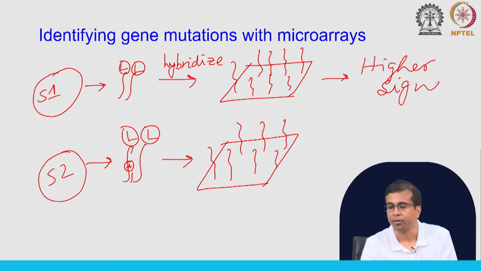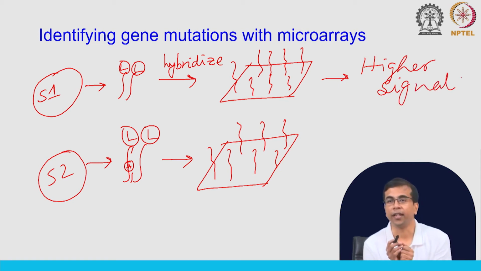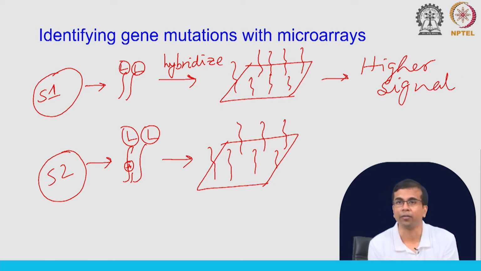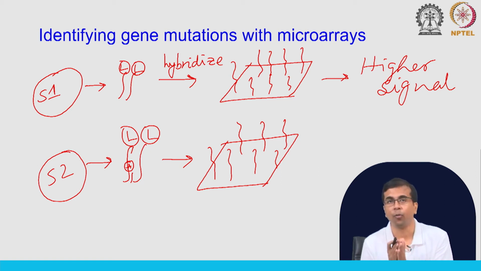Now, you can also do something else. So, in these arrays, when you are designing this DNA probe, you can guess, okay, maybe we will see this mutation, and design probes that are complementary against this mutation. Okay. So, in the array you have both types of probes, one complementary to the wild type sequence and the other set of probes that are complementary to a mutant sequence.